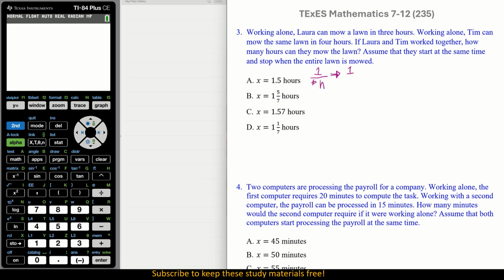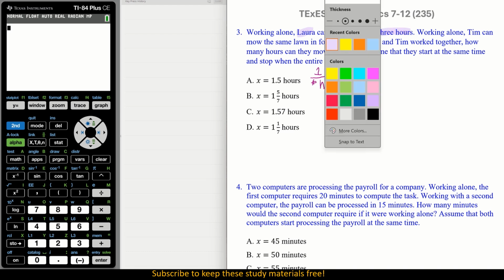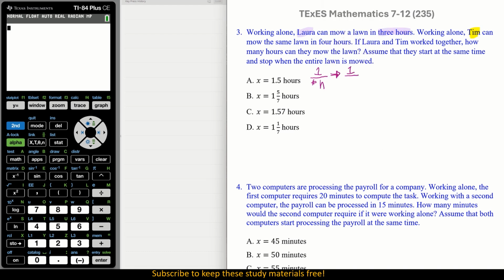This implies that for one job, Laura takes 3 hours, and Tim takes 4. So that means 1 over 3 for Laura, and one job in 4 hours for Tim.